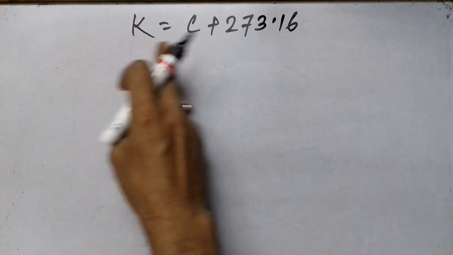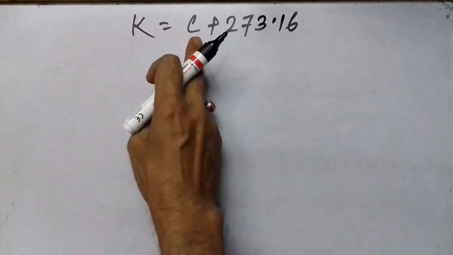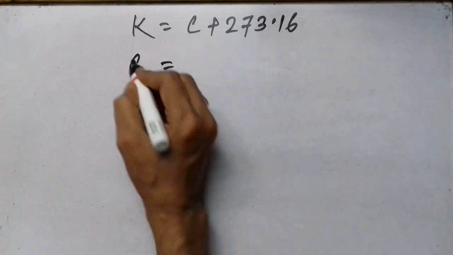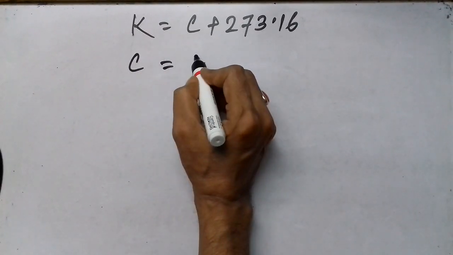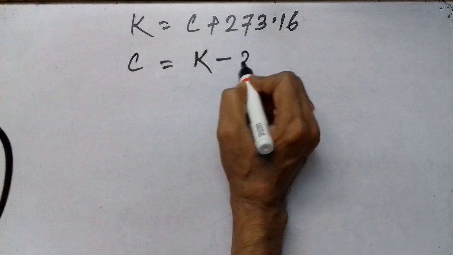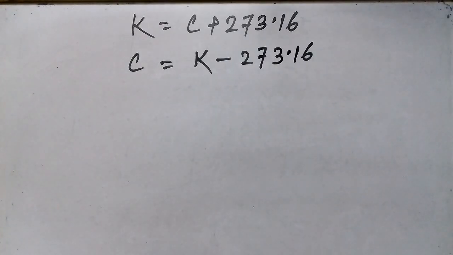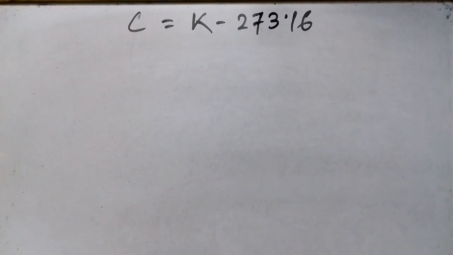Since we have learned the relationship between degree Celsius scale and Kelvin scale is this, we can write Celsius measurement is equal to Kelvin measurement minus 273.16. Let us apply this in a numerical problem.